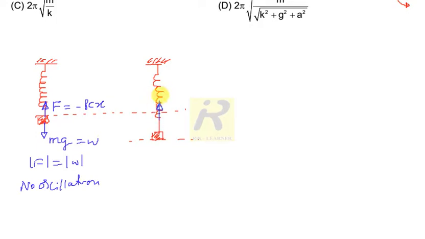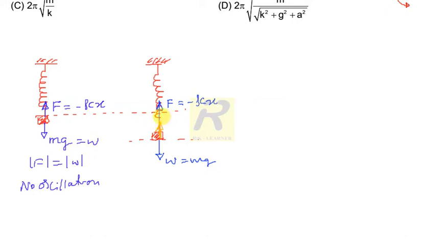That force we again write as minus kx, where x is the extension, and the weight is mg. As soon as I release this block from my hand, it will move up in the upward direction.